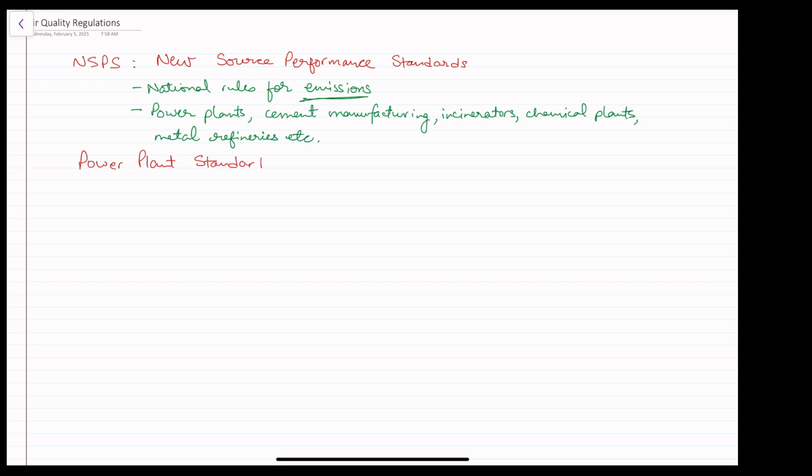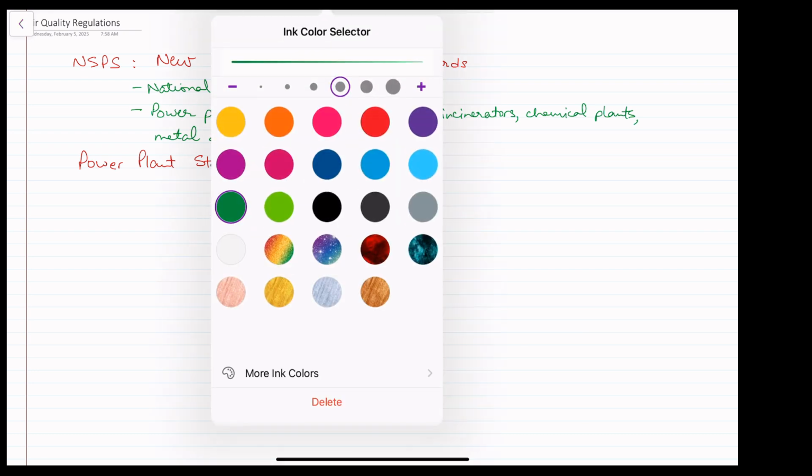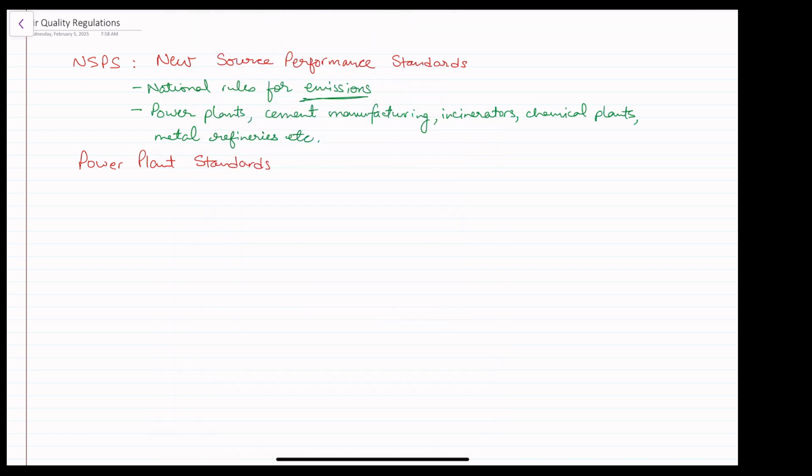If you look at the power plant standards, these were the initial standards in the NSPS. They were applicable to plants that were greater than 73 megawatts and were built after 1978.